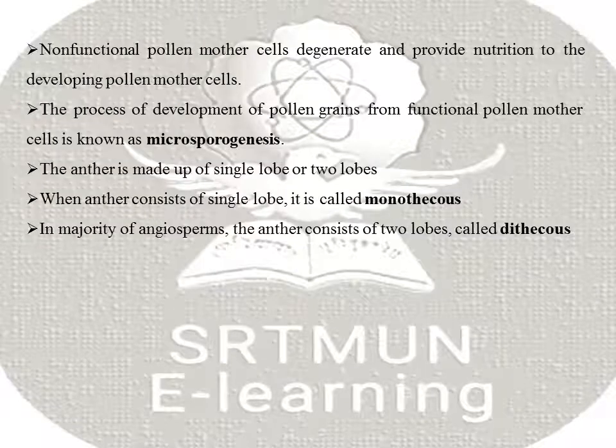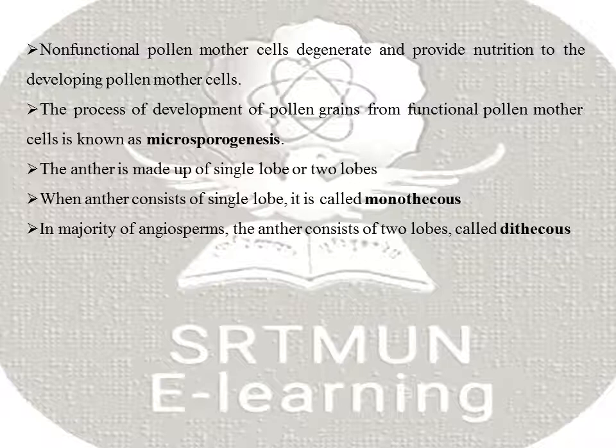Now, next, non-functional pollen mother cells degenerate and provide nutrition to the developing pollen grains. The process of development of pollen grains from functional pollen mother cells is known as microsporogenesis.